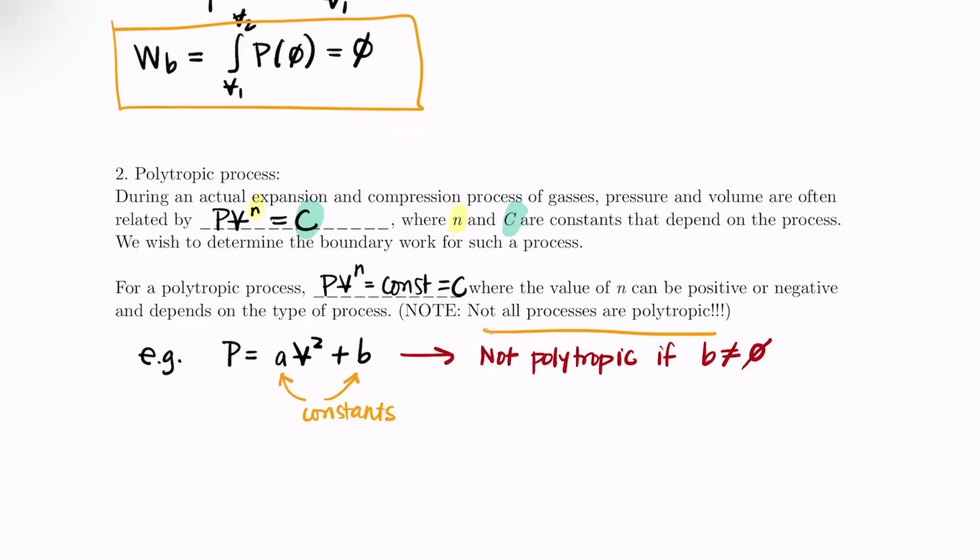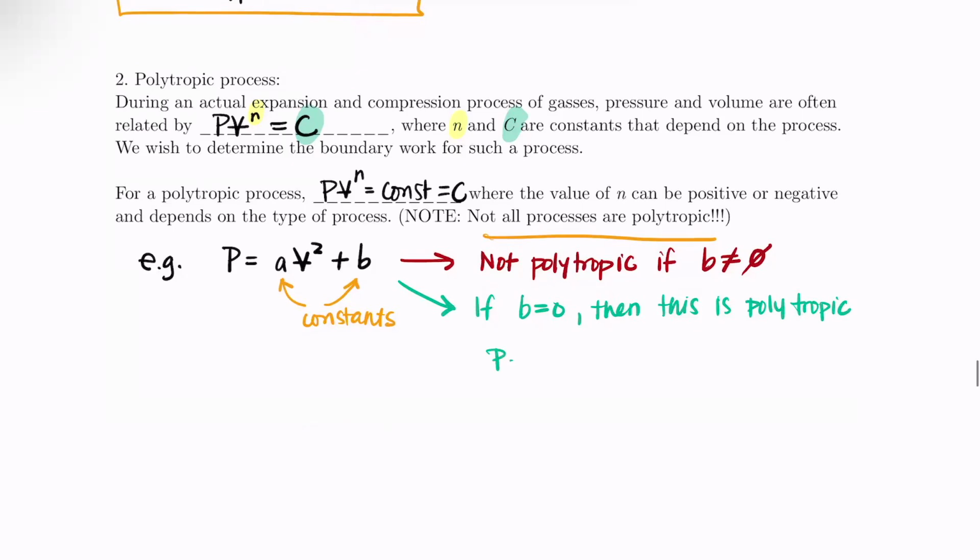If B is equal to 0, then this is polytropic, because then our expression looks like P equals A V squared.